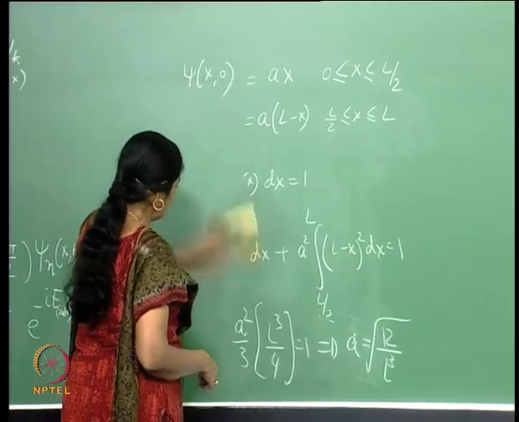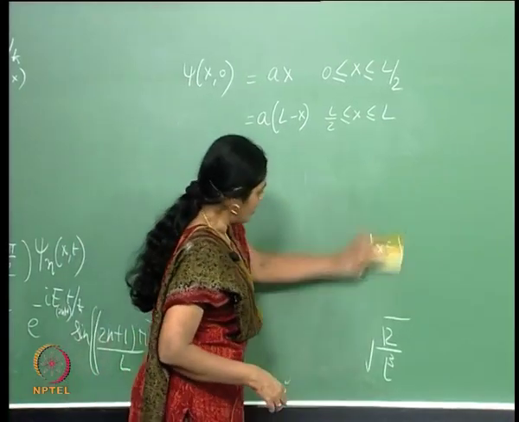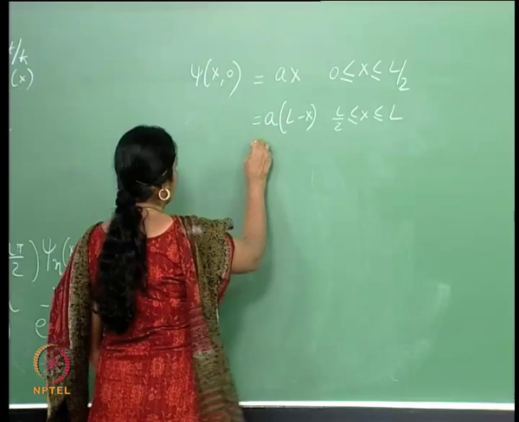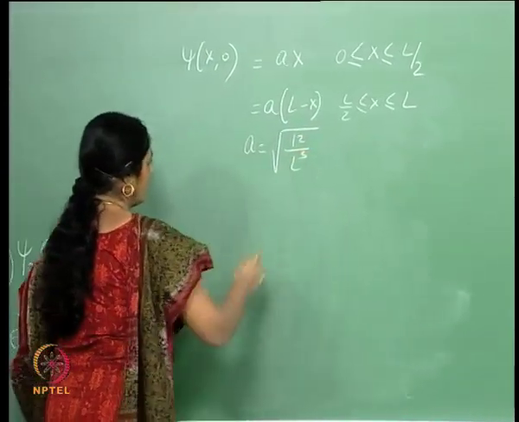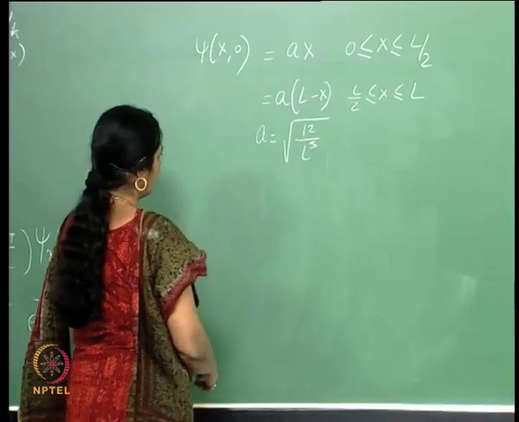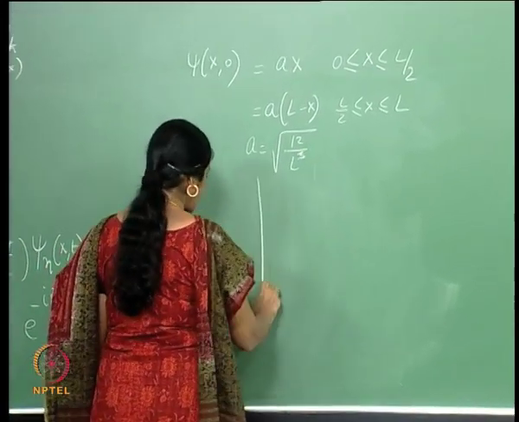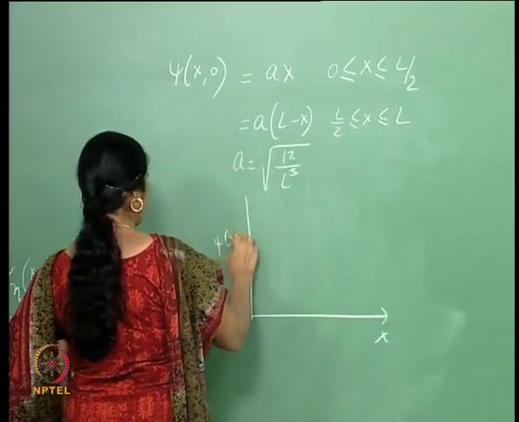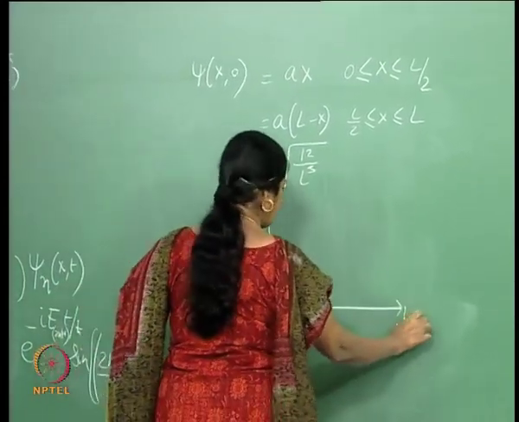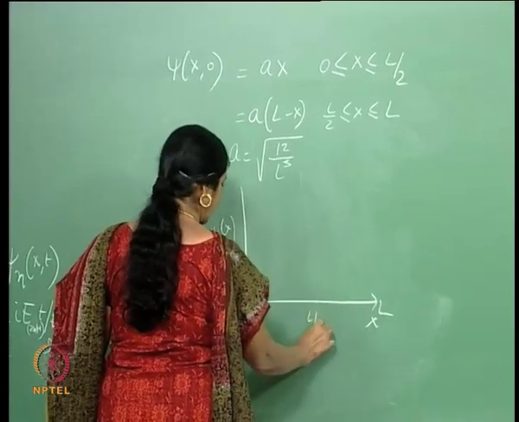So, with this function, let us see how the initial state looks. If I plot psi star psi of x versus x, that is L by 2.